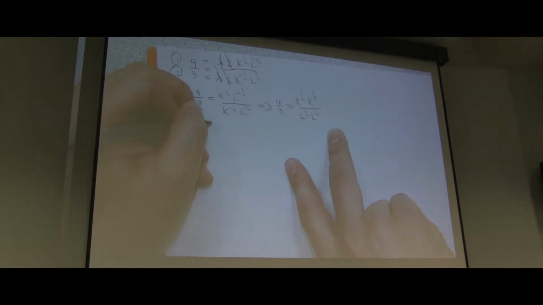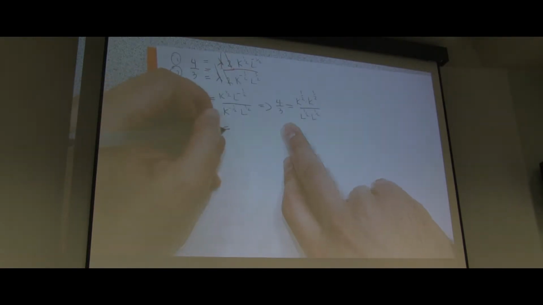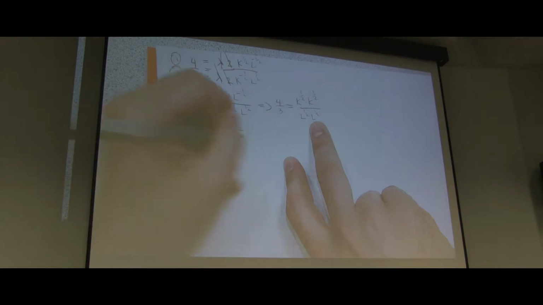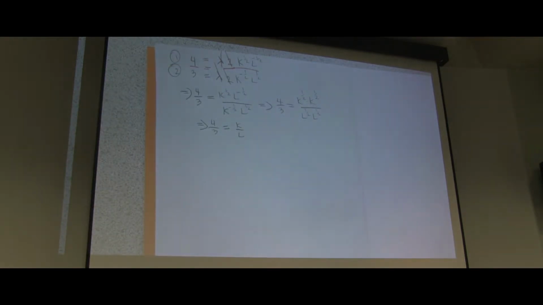So that translates to 4 divided by 3 equals 2 k divided by L. No surprise here. This is Cobb-Douglas. The exponents add up to 1. You're going to end up with this. It's going to simplify a lot.